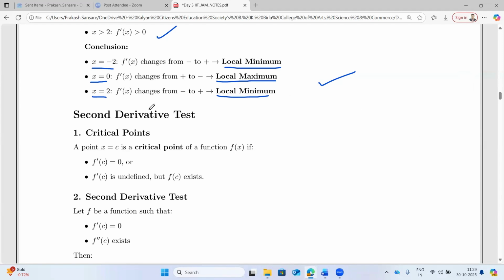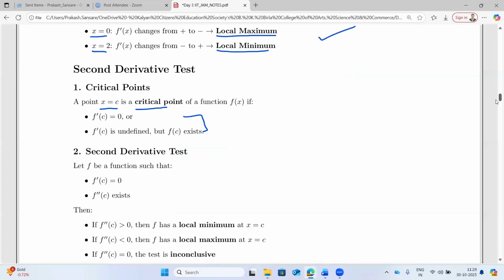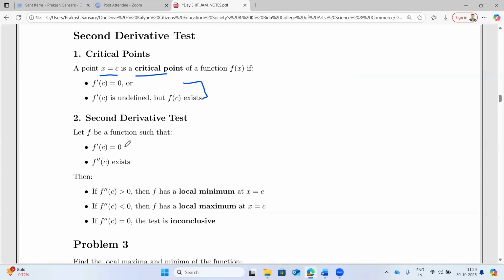So what the second derivative test says: a point x is equal to c is a critical point. That's the same, we have already seen this. Now the second derivative test is this. If f double dash c exists, and if it follows any one of these, then we conclude the following. If f double dash c is greater than 0, then c is called a local minima.